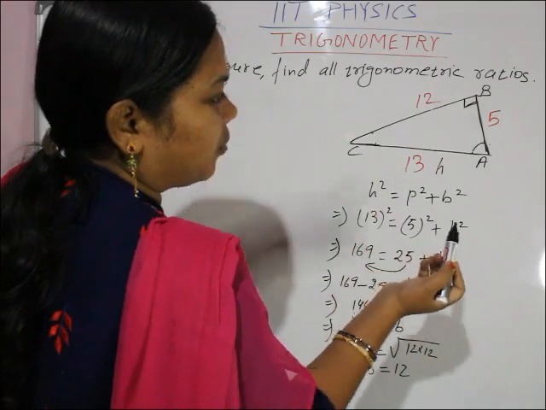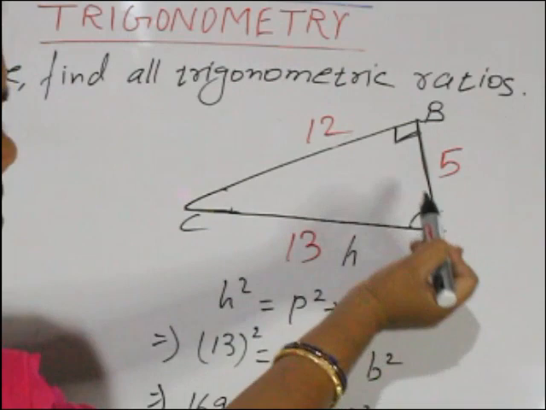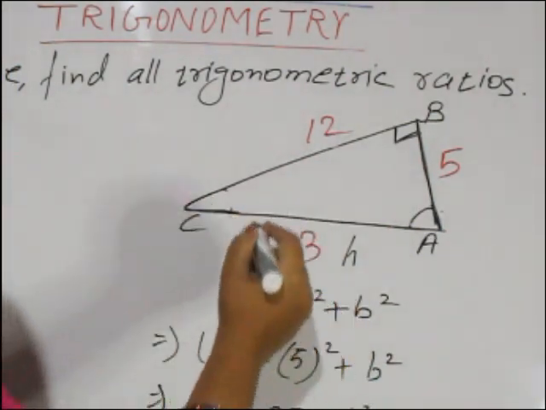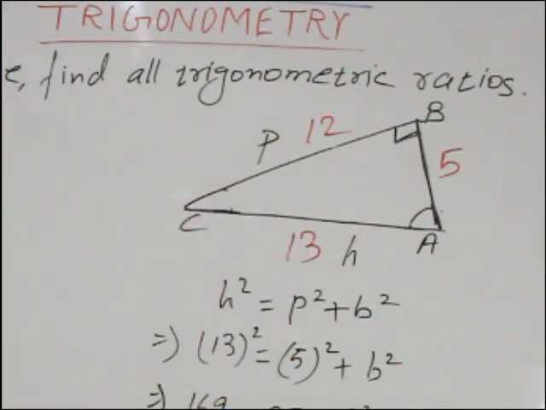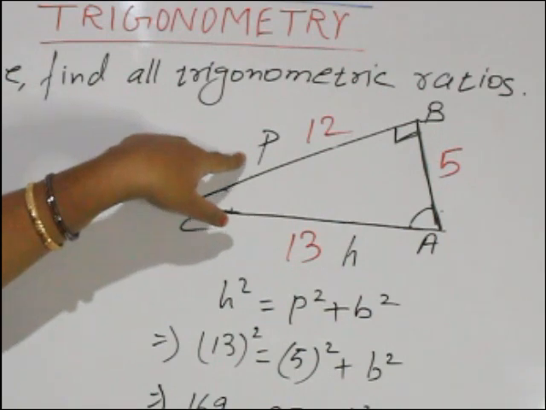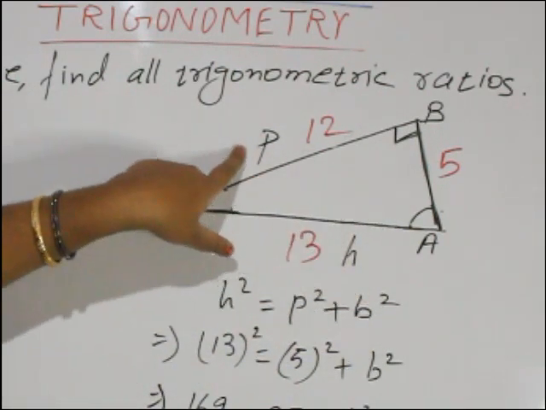P is the side opposite to the angle of reference. Angle of reference is A, its opposite side will be your P. Now BC became P. The angle of reference is A, its opposite side is P, the perpendicular.